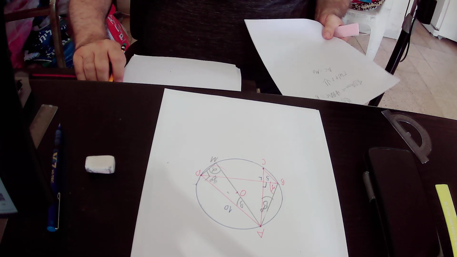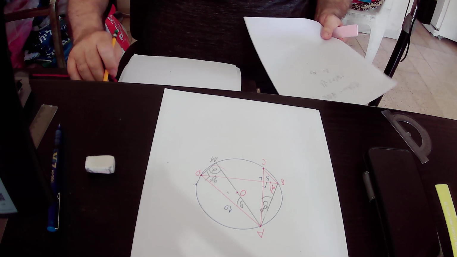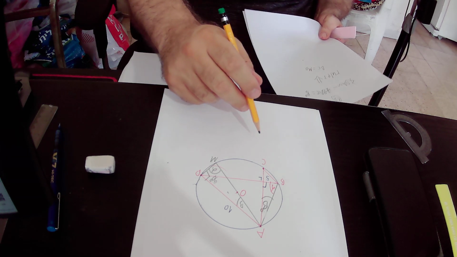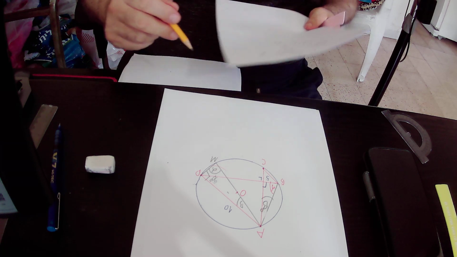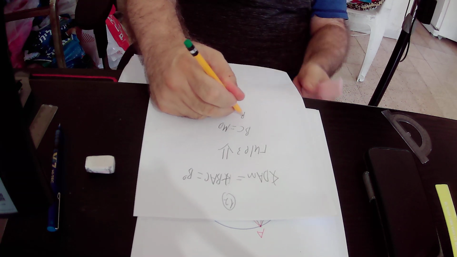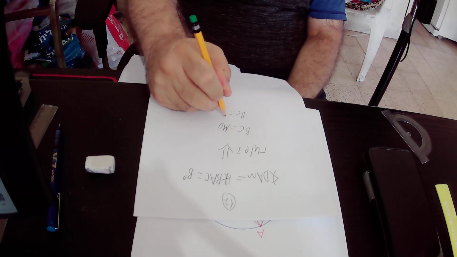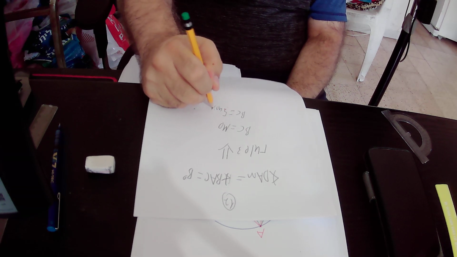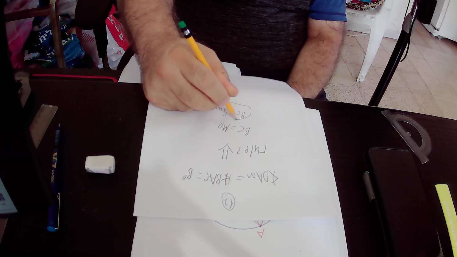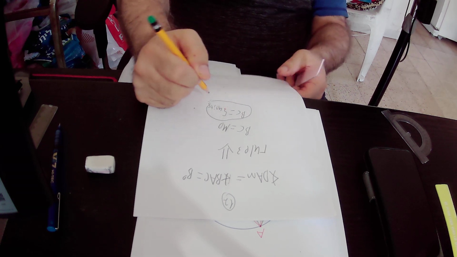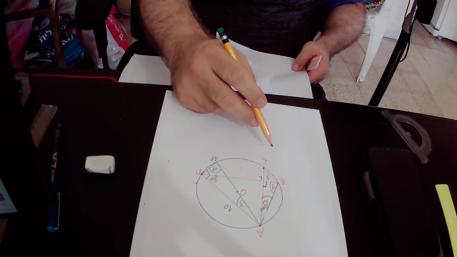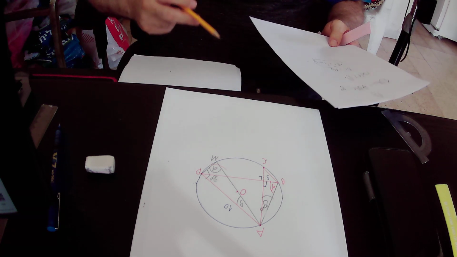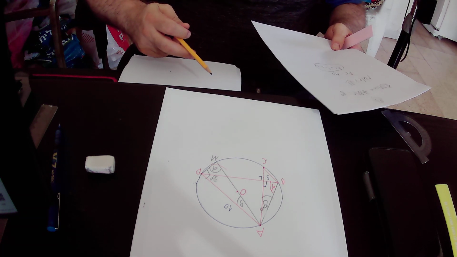But we know, it is given in the question, that chord BC equals 5 units. Okay, BC equals 5 units because it is given in the question, and we know that BC equals MD.